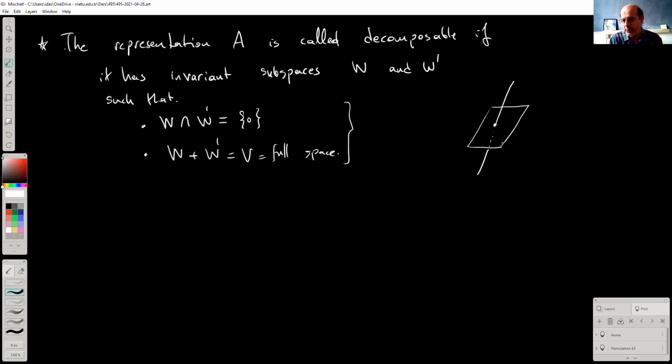There's a two-dimensional subspace in here and a one-dimensional subspace. They intersect, because all of the subspaces should contain the zero vector, but their intersection is only zero. Moreover, I can express every vector in the full space as a sum of vectors in these two subspaces.